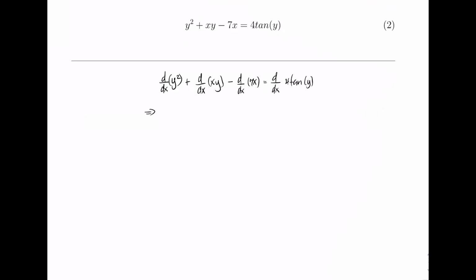We then end up with 2y times dy/dx, which is the derivative of y squared, plus x dy/dx plus y times 1, which is the derivative of xy.